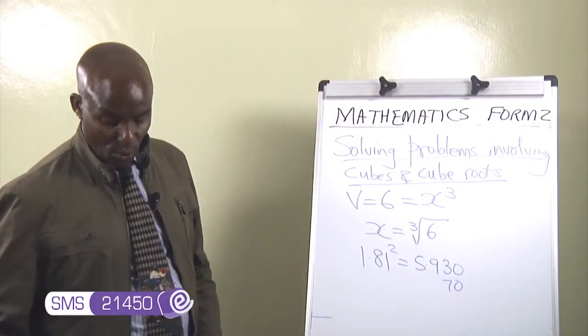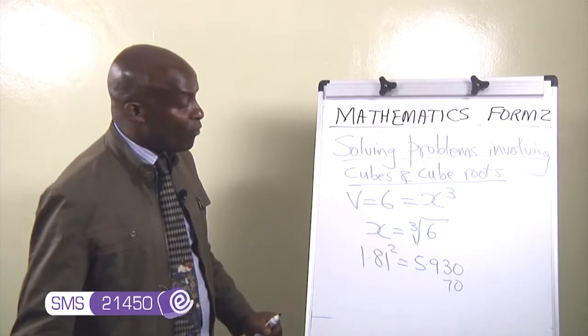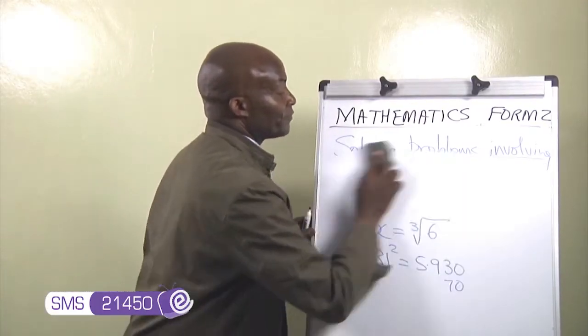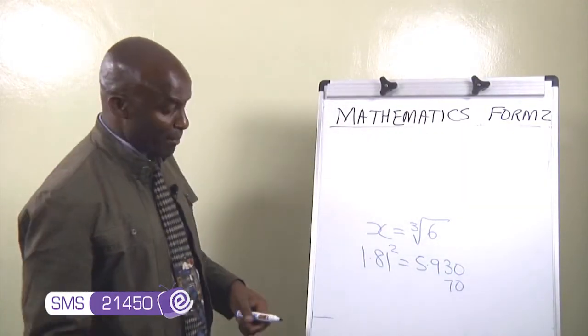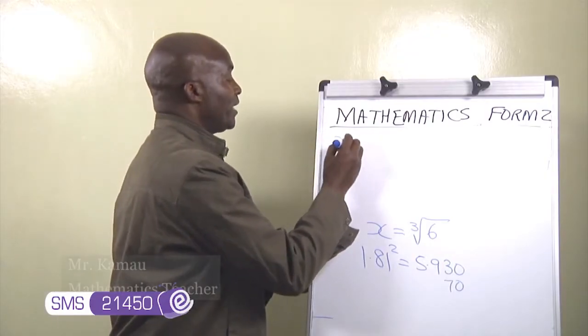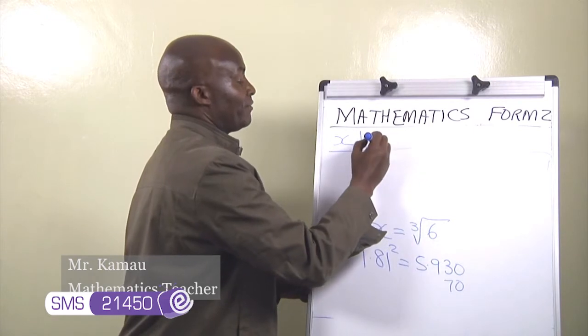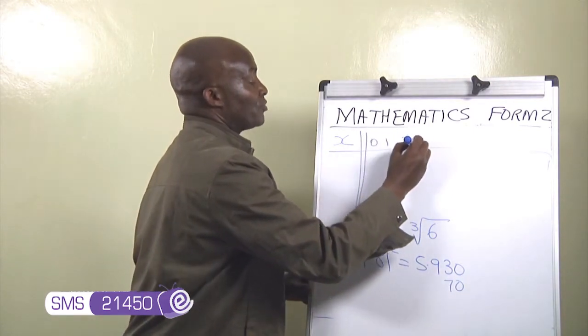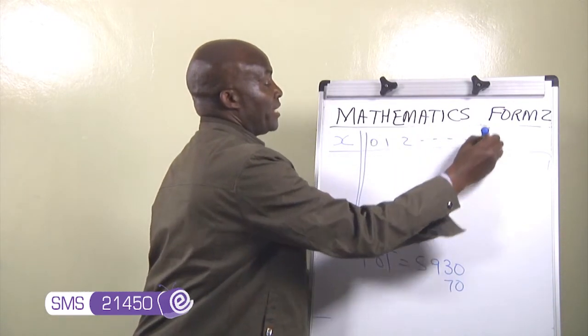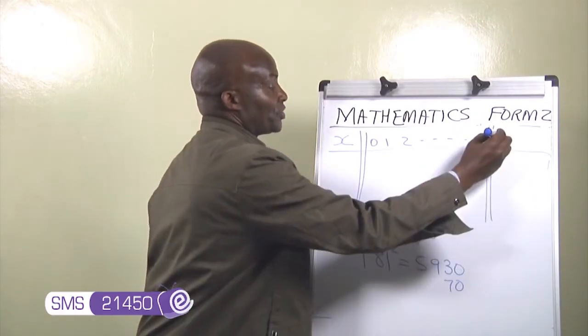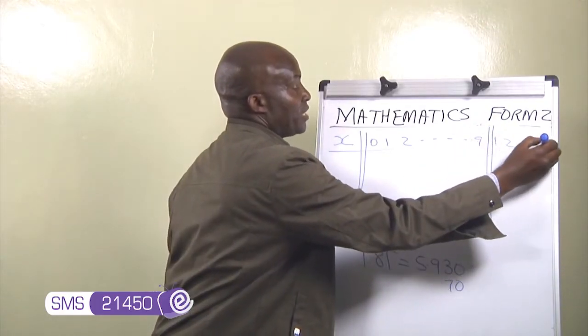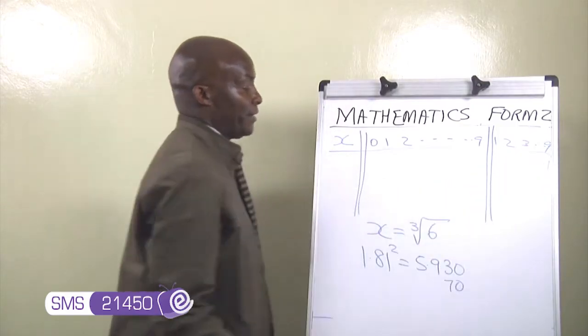So to get that 70, we move to the minor columns. Remember, in our mathematical table, we have that section, and then we have the section 0, 1, 2, all the way to 9, and then we have the minor columns section 1, 2, 3, all the way to 9.